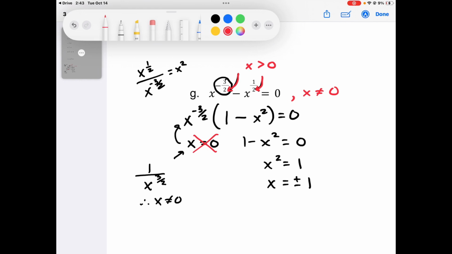So I can actually extend this to say that my restrictions are x is greater than 0, which means that my only valid solution is x equals positive 1. If you want to check it on Desmos, you can verify that this is the only solution, positive 1, because of the restrictions on the domain, because of my exponents, and where they are located.